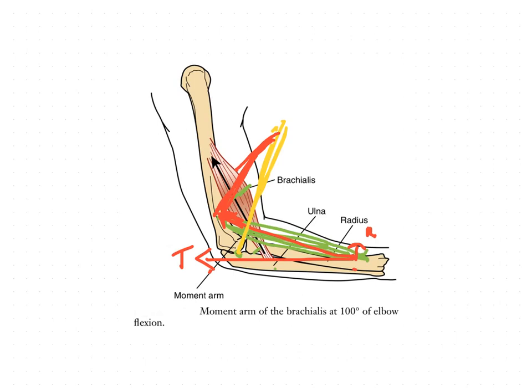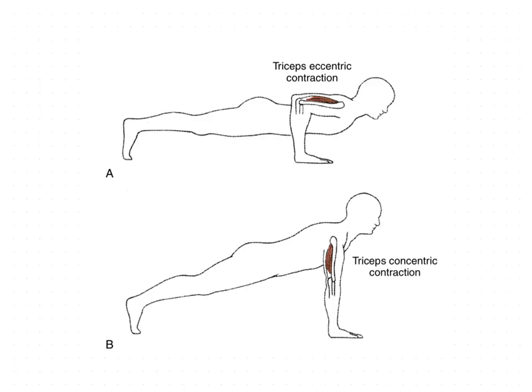And coming to the extensors here, the effectiveness of the triceps brachii as a whole is affected by changes in the position of the elbow, but not by changes in the position of the forearm.